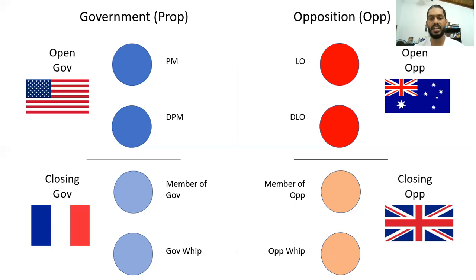Whatever the DLO said, whatever the member of the opposition said, the opening government didn't get to speak after those speeches, so you get normal marks. But if you rebut something that was mentioned by the leader of opposition, you get extra marks, because those points were not addressed by the deputy prime minister. The opening government missed rebutting those points, and you managed to rebut those points.